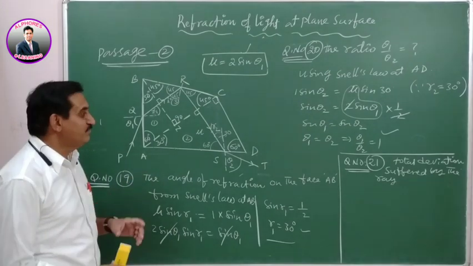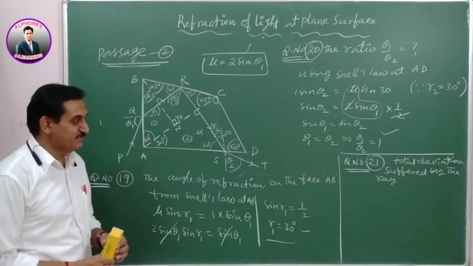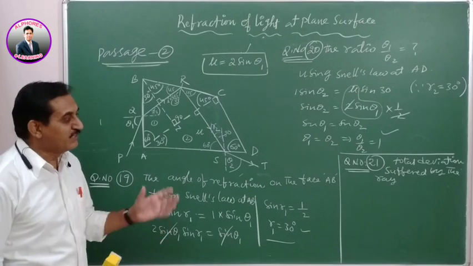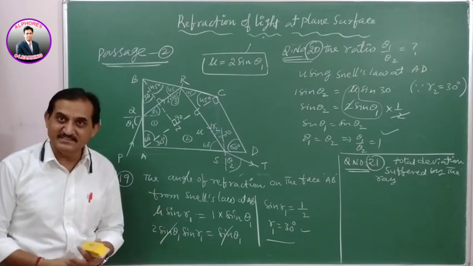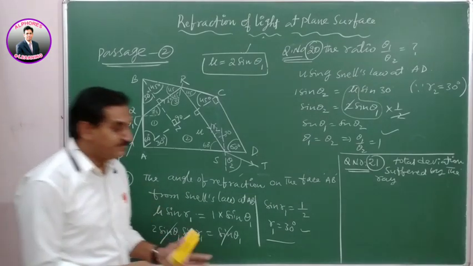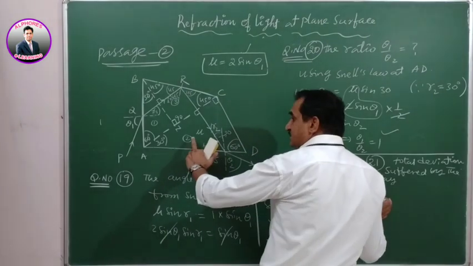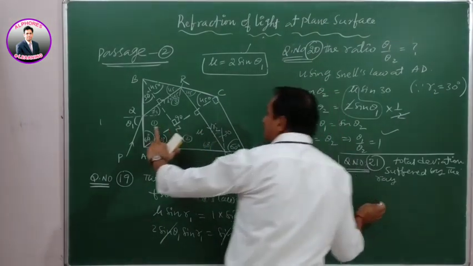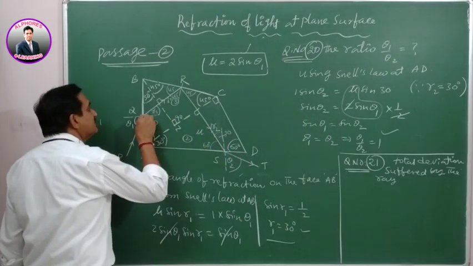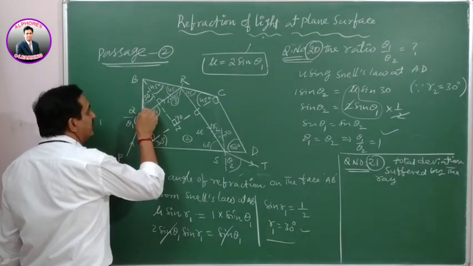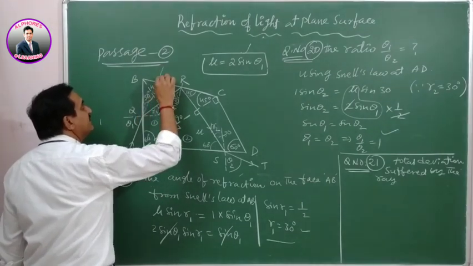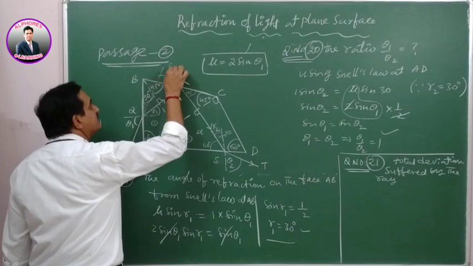And the third question remains, that is question number 21. Find the total deviation suffered by the light when it exits from the prism. Here one deviation is clockwise. See, here it is extended. Then how much deviation clockwise? Say delta 1.